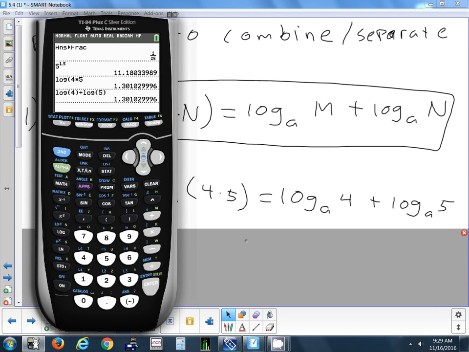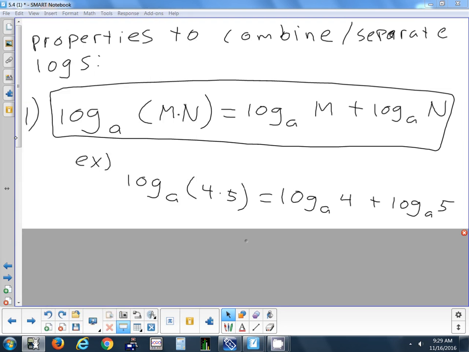So can anybody think of a different way you can break up the number 20? 10 and 2. Yeah. If you did log 10 plus log 2, you get the same thing. Any two numbers that multiply to give you 20, you could split it up as addition. You could do 40 and 1/2. Okay, that would work as well. Okay, so that's the rule for when you have multiplication.